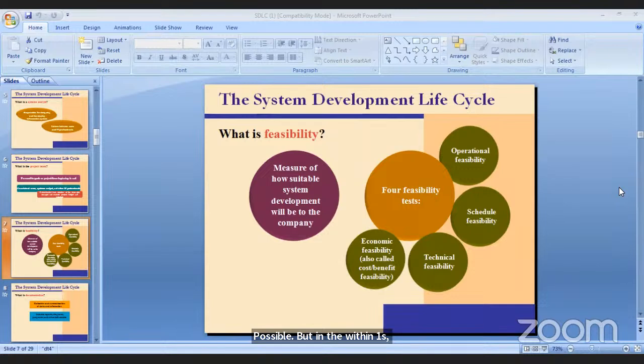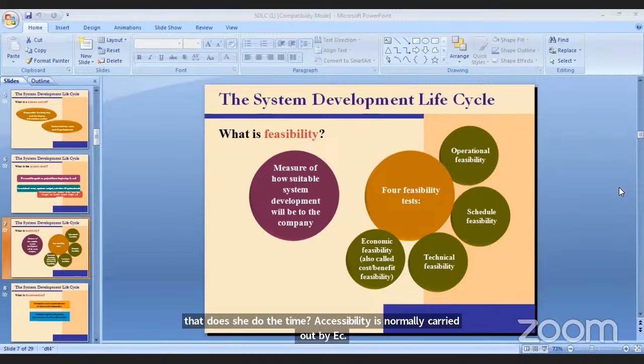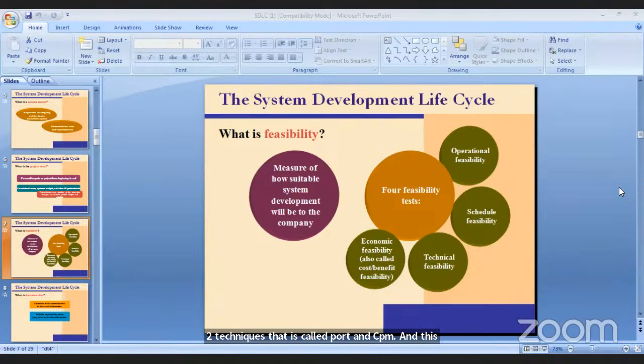So the schedule or the time feasibility is normally carried out by using two techniques, that are called PERT and CPM. And this is normally led by the project manager. They will study the project complexity, the project nature, the project functional modules.